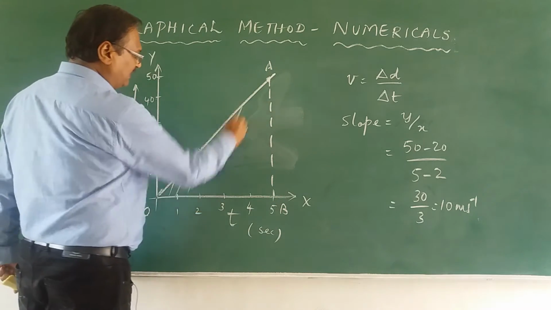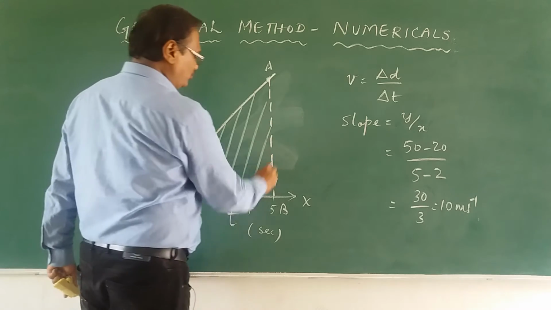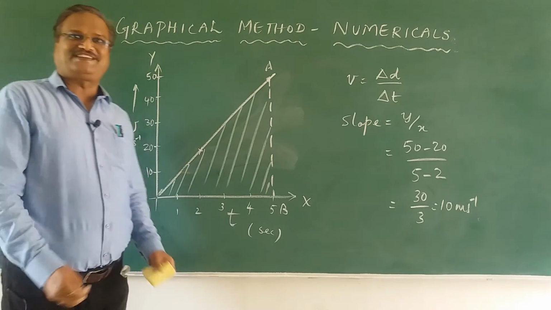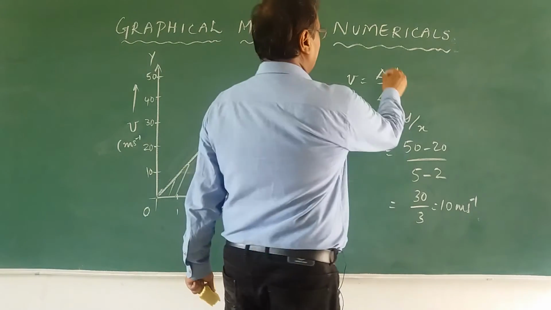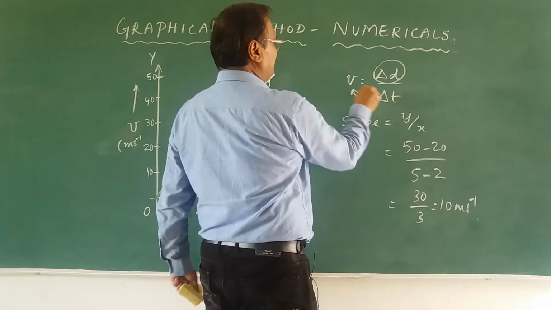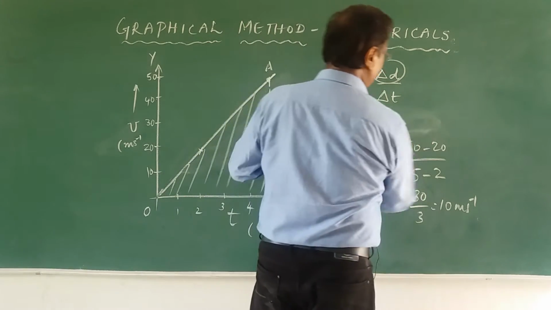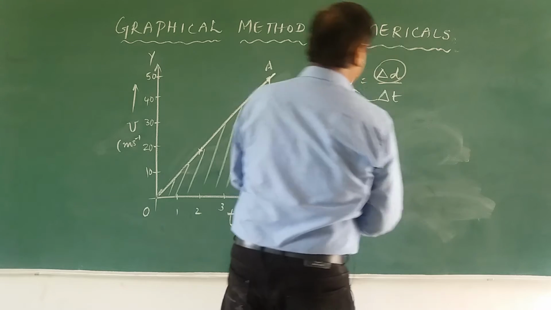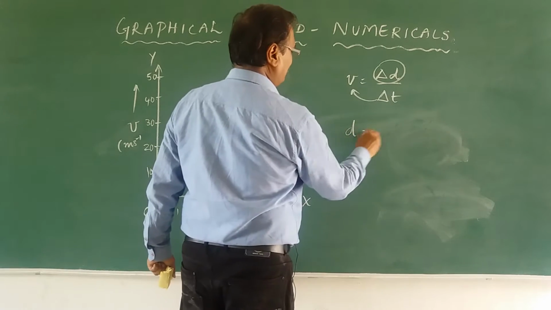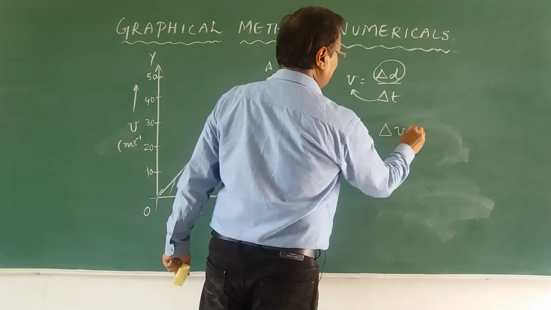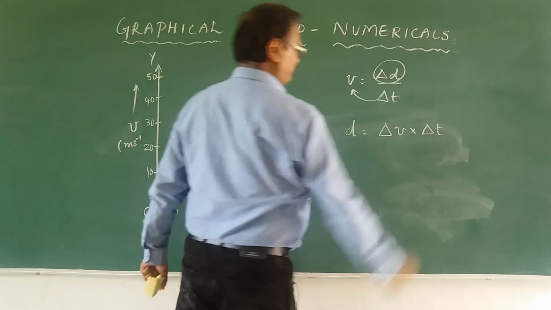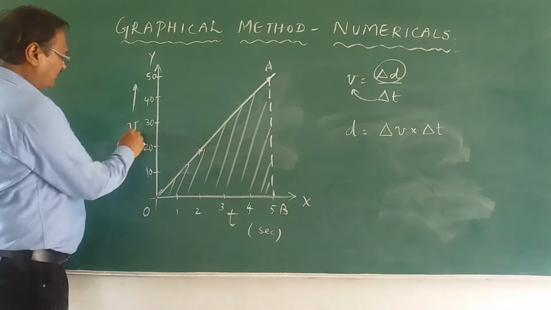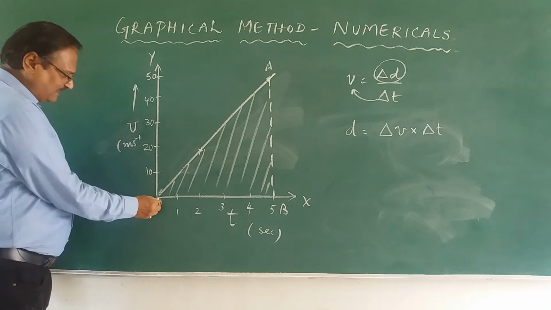The area under the graph gives you the distance traveled. How is it? Distance is equal to velocity into time. Fine, that is the basic formula. Now distance traveled is equal to change in velocity into change in time. Where does the velocity start?